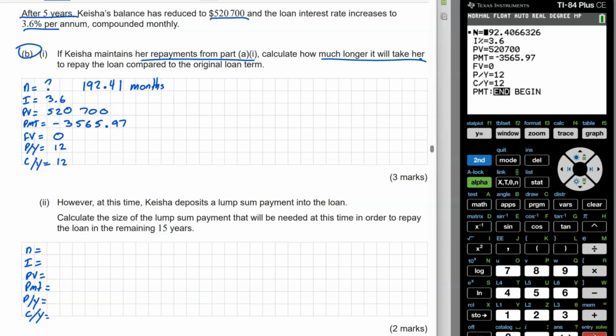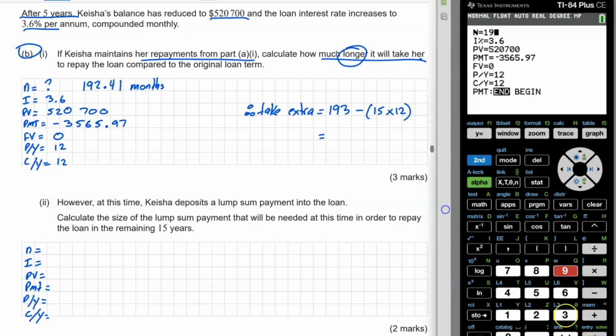Now we want to know how much longer it's going to take, so how much extra. So therefore it takes extra. We'll start with the 193 minus, we've already had 5 years at this point, so the amount of loan left otherwise would have been 15 if we didn't make the changes. 15 times 12.